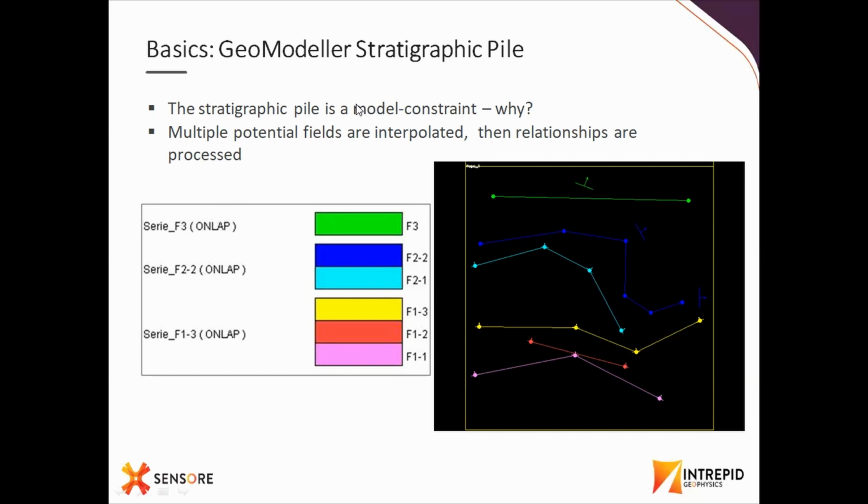That is meaningful information for GeoModeller to understand what the geology will look like. So in this example, there are 3 series: F1, F2, and F3. You can see there are 3 formations in series F1, 2 formations in F2, and one formation in F3.